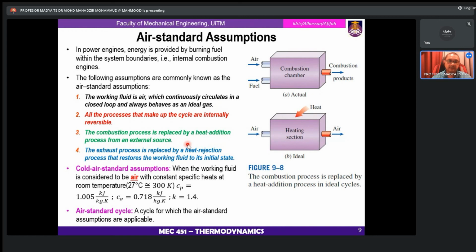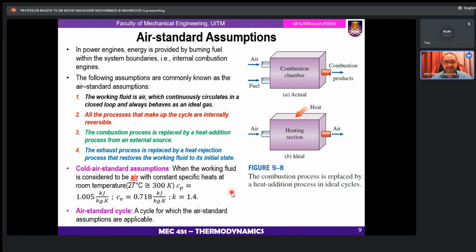And number four, the exhaust process is replaced by a heat rejection process that restores the working fluid to its initial state. So combustion is replaced by heat addition, and exhaust is replaced by heat rejection. That is the assumption we make when we want to analyze the gas power cycle.